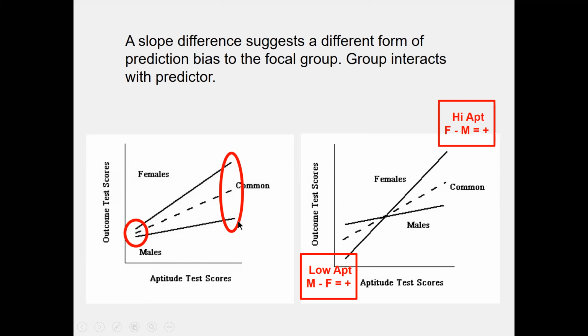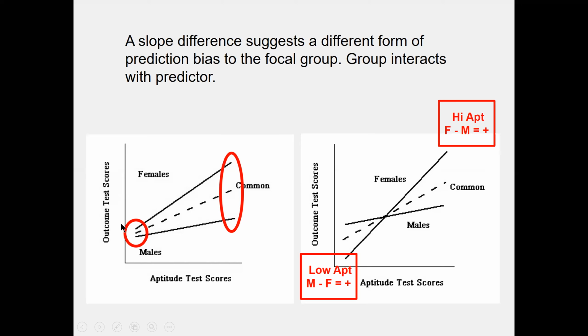At the high end of aptitude, for the difference between low aptitude and high aptitude men, there's very little difference in outcome. For the difference between low aptitude women and high aptitude women, there's a great difference in outcomes.